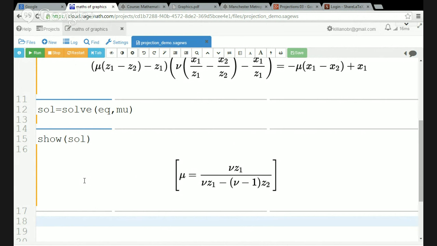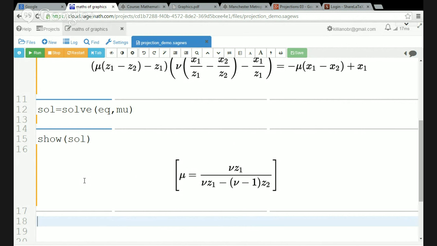That's interesting. So we're just seeing dependence on the input parameter nu, which is the parameter for when you clicked on the point on that line on the screen. It's the parameter that describes where along that line you are, and the z coordinates of the original point. Okay. I'm just going to copy that down.